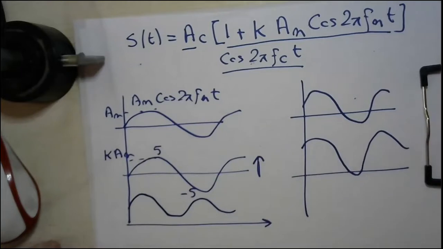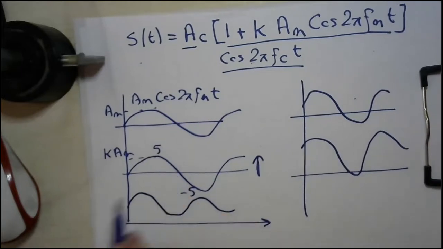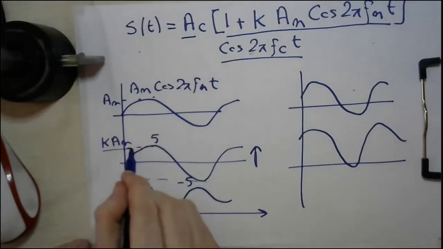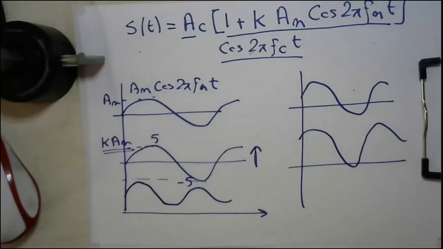All these three versions are shifted versions of this message. But it simply depends on the amount of the DC shift, the offset shift, with respect to this bottom negative value, which is negative kA_m. This is very simple like that.